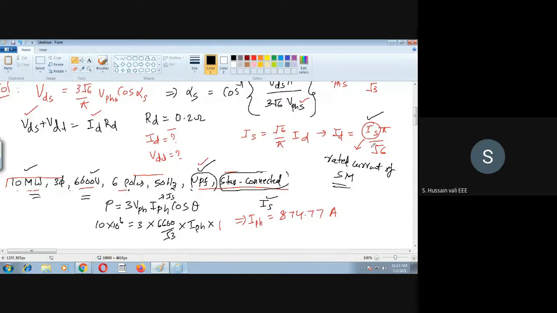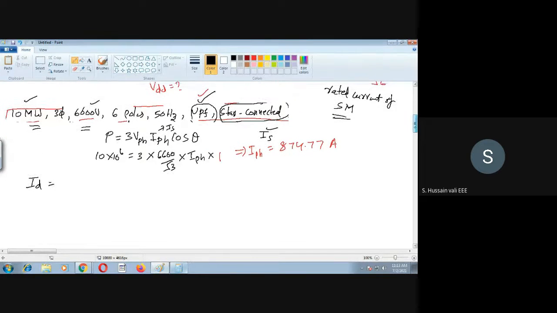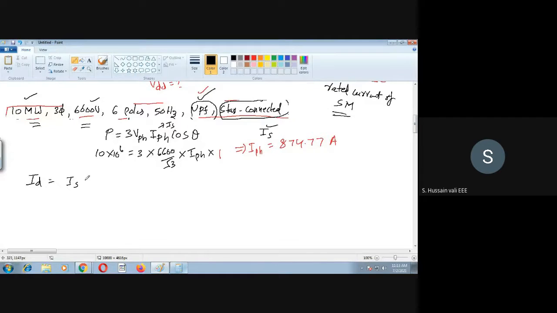Now that current we will substitute here in place of ID. Then we get the answer for ID. What is the formula for ID? ID is equal to IS into pi by root 6. IS into pi by root 6.